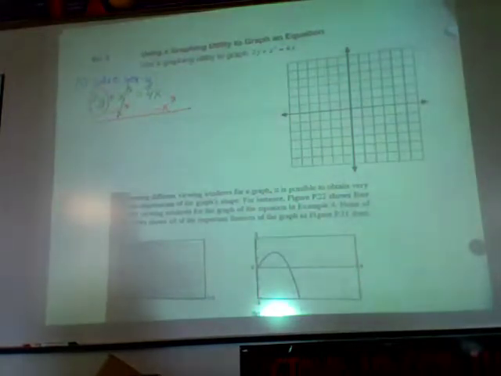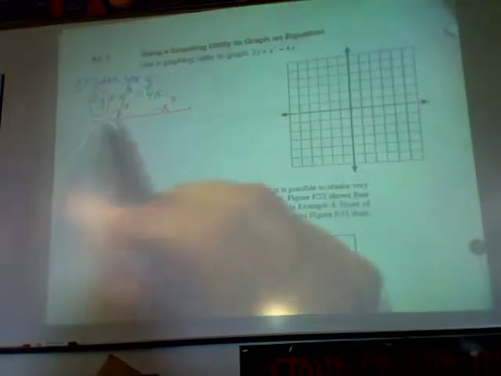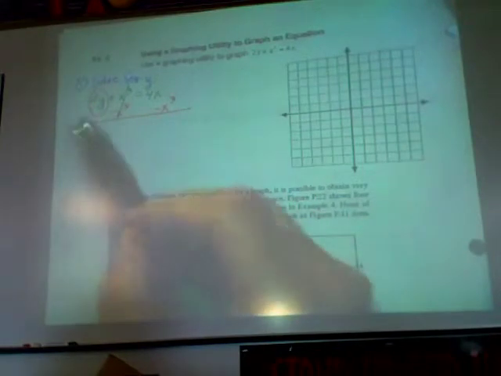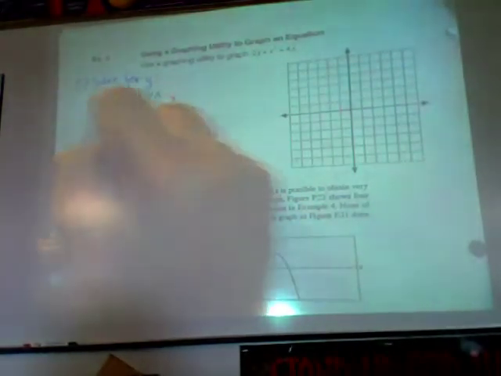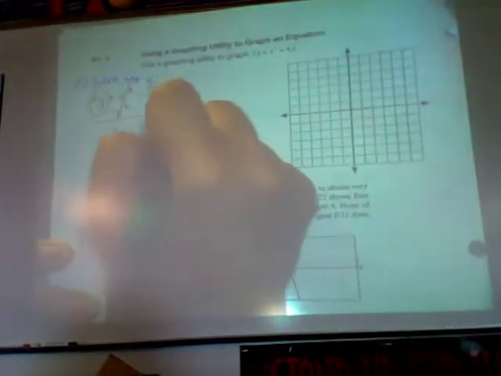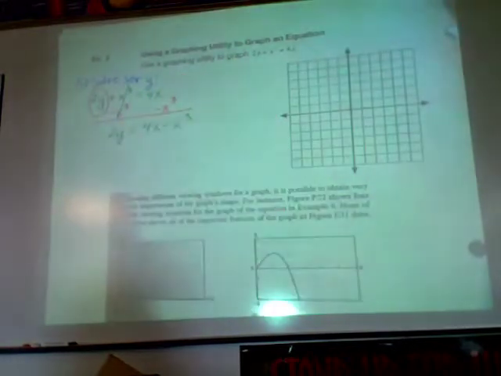Yes, because oftentimes we like our highest degree term positive, but for our purposes it really doesn't need to be. You could choose to do that or not. Watch what happens when we graph it. It shouldn't matter. Then I end up with 2y is equal to, and I'm going to write it as 4x minus x cubed.